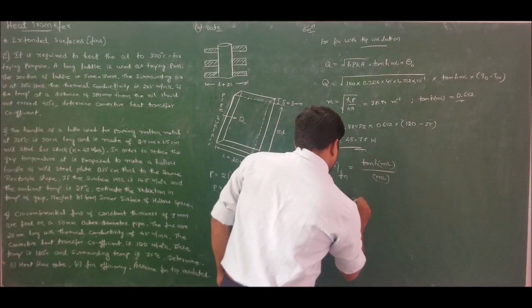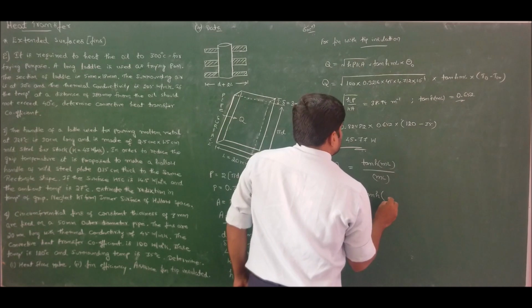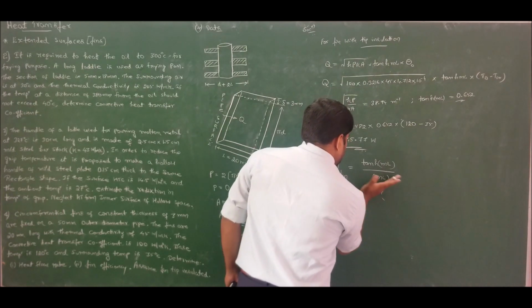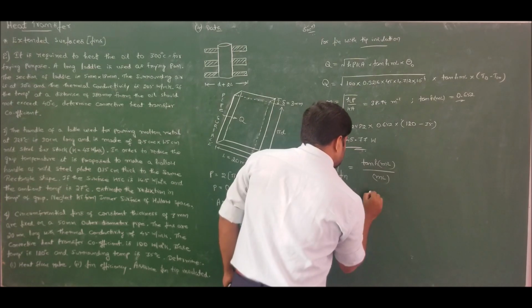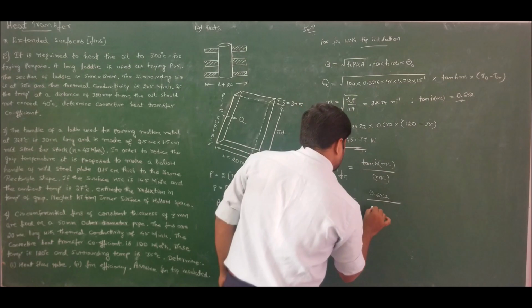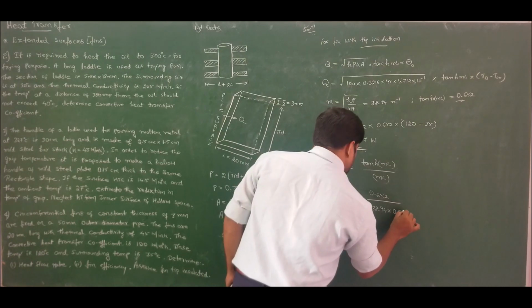The tanh(ml) value is already computed, which is 0.652, divided by m, which is known, 38.94, and L is 0.02.